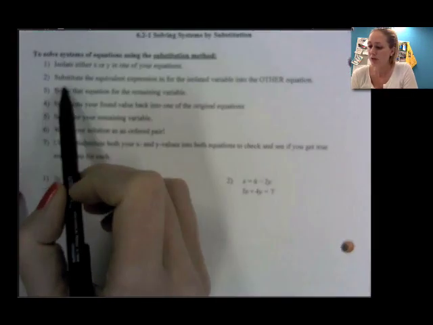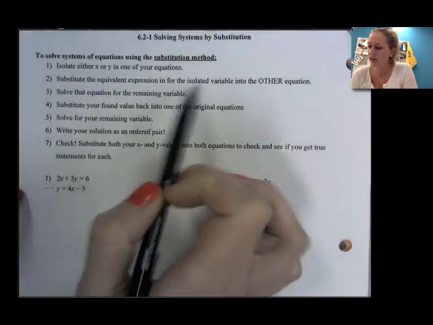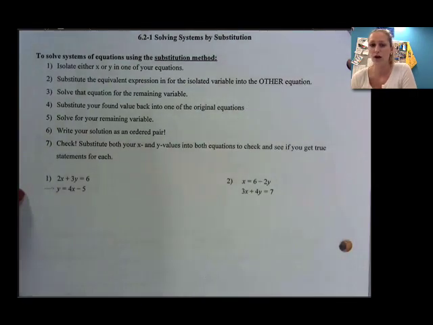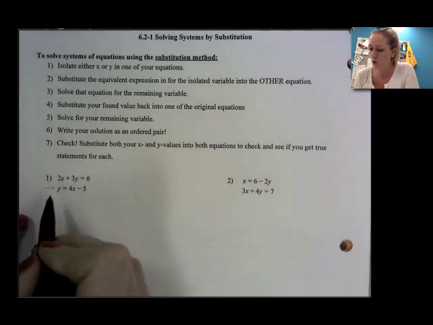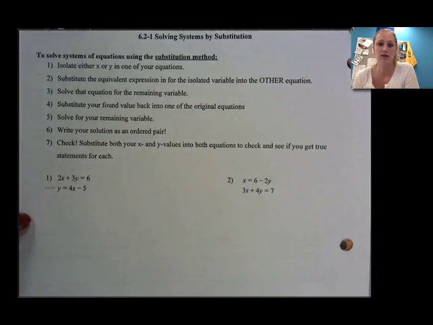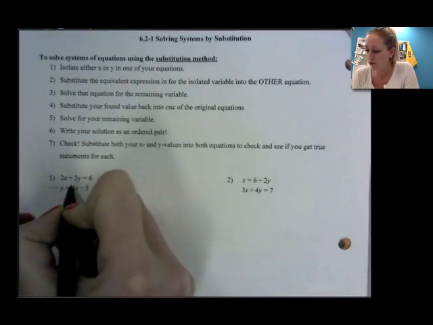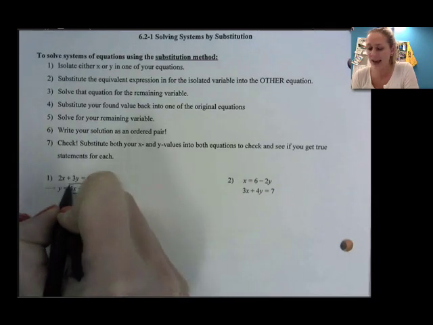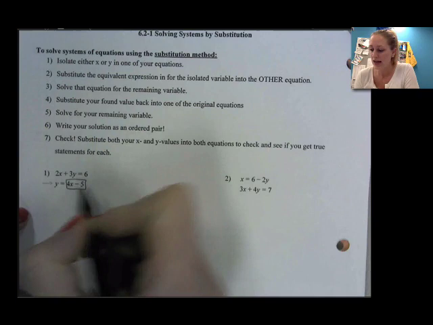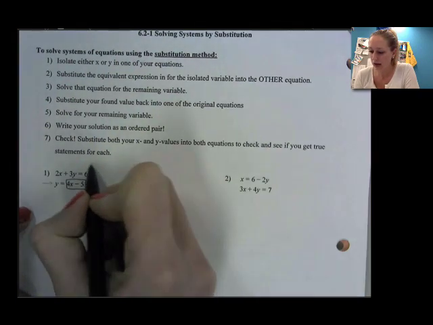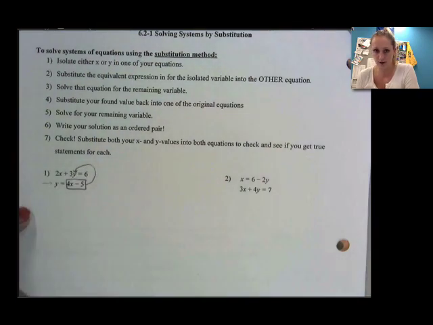Step two, substitute the equivalent expression in for that isolated variable into the other equation. Okay, so that's a mouthful, but here's what that means. Y equals 4x minus 5. Or in other words, 4x minus 5 is the same as y. So I'm going to take 4x minus 5, and I'm going to substitute it in for y in the other equation.